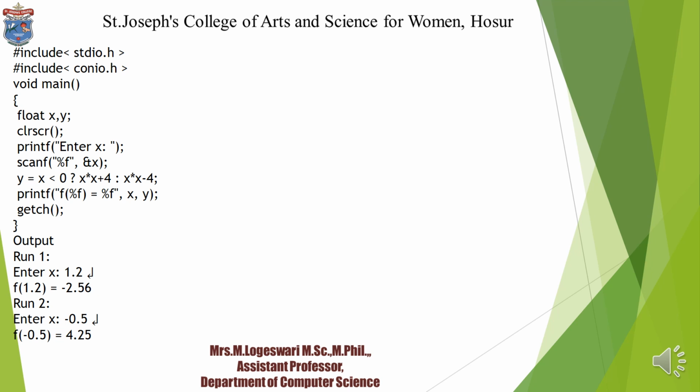The condition is false, so it moves to the false section, x square minus 4. 1.0 minus 4 gives the result, which is stored in y. So the output is y equal to that result. After that, to end the statement you should give the semicolon, then close the brace of the main function. Thank you.